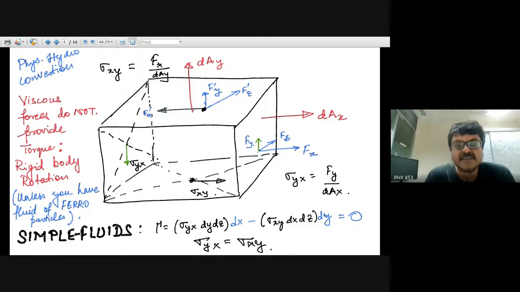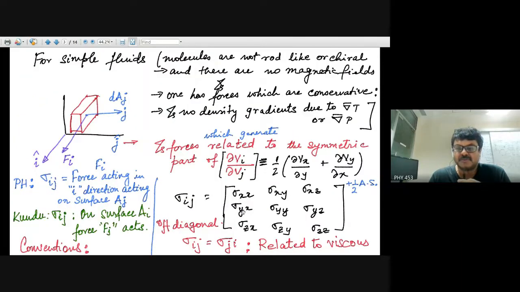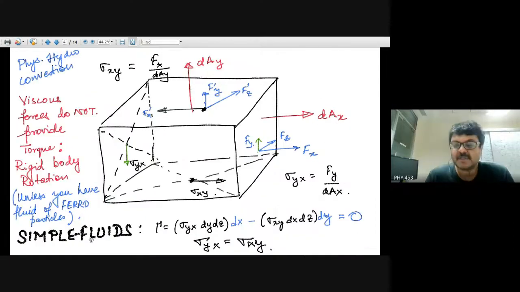And as a consequence, sigma yx has to be equal to sigma xy. That's exactly what we said here, and that is the reason that this convention doesn't finally matter for simple fluids only. Okay.